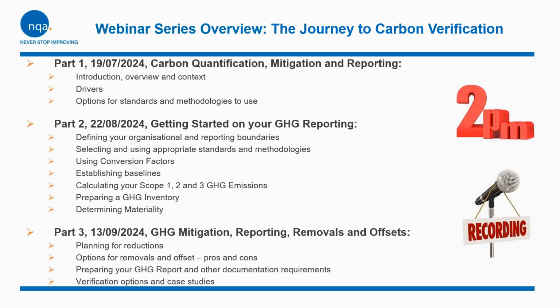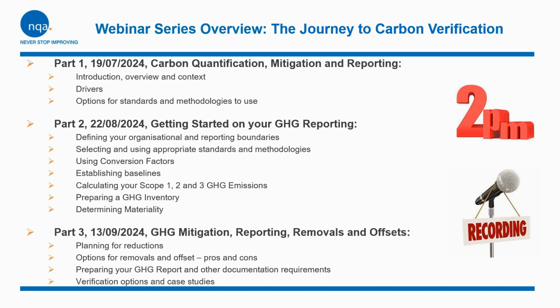Part 3 we'll do on the 13th of September, and that will look more closely at greenhouse gas mitigation techniques and options, the reporting requirements from the standards that you decide to choose, and also carbon removal and carbon offset options.